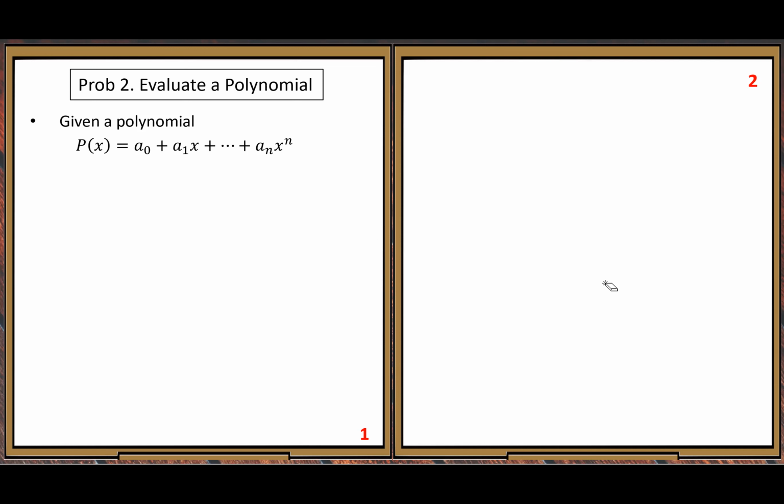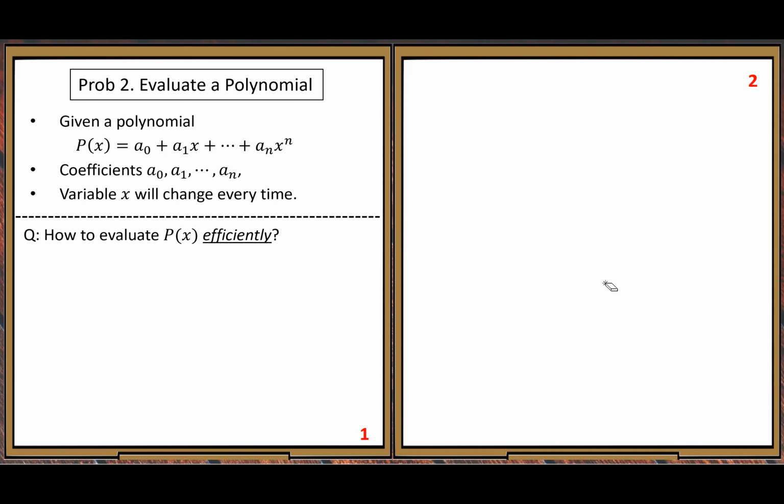When the coefficients are given, we fix all the coefficients for one polynomial. But we can change the value of x. Every time we change the value of x, we want to calculate the polynomial function value at the x point.